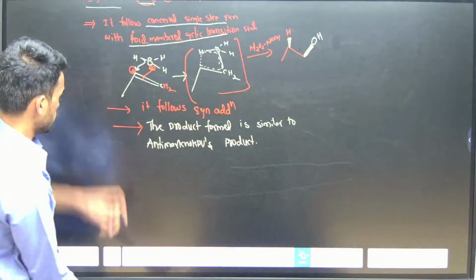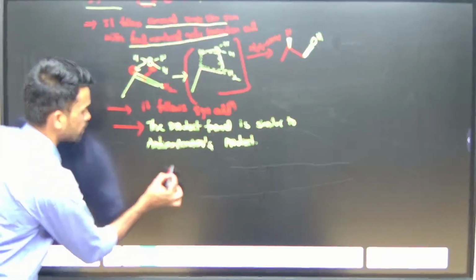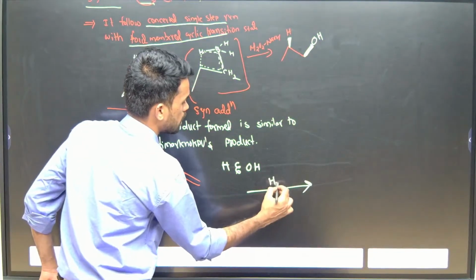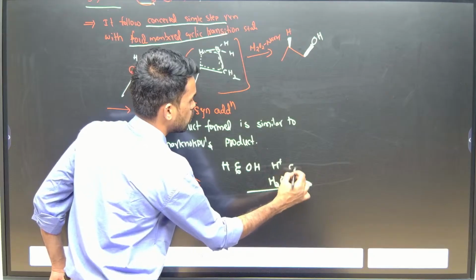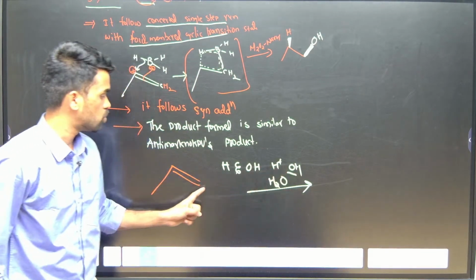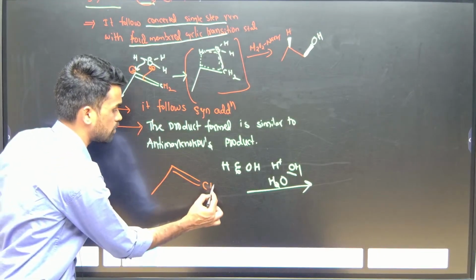What do we mean by anti-Markovnikov's product? In the given reaction, if you observe, to the alkene we are adding two things, H and OH. If I take a water molecule, you can write H plus and OH minus. The negative part of the addendum is going to the carbon of this alkene containing the most hydrogens.